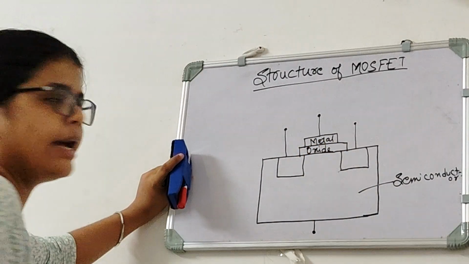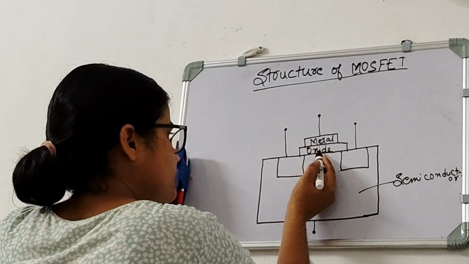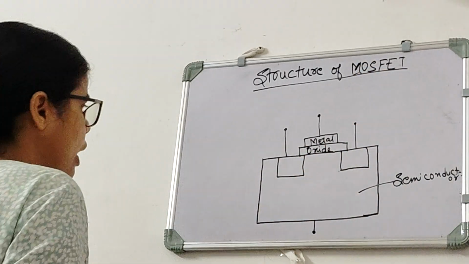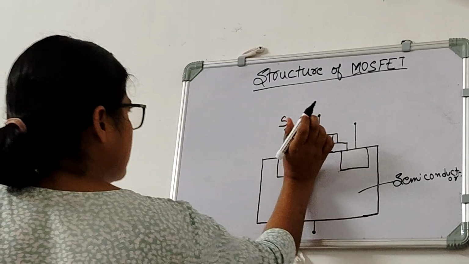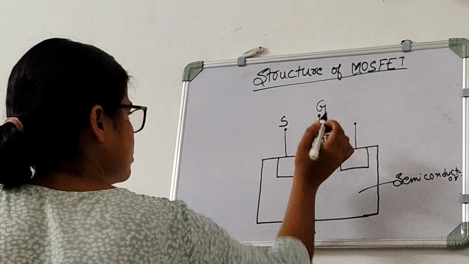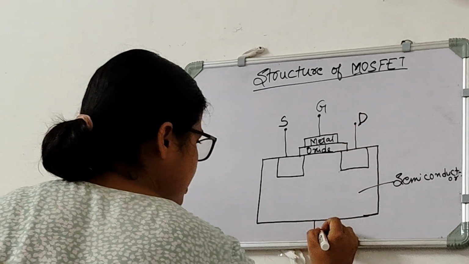That is the reason why it is named metal oxide semiconductor. Now this is source, so S. This is gate, so G. Drain, D, and body, B.